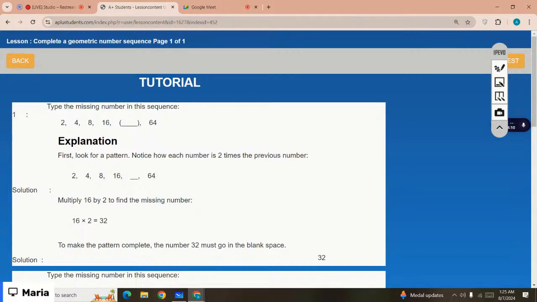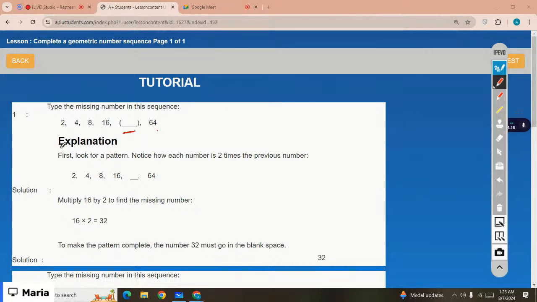Type the missing number in the sequence. So the sequence is 2, 4, 8, 16, the missing number, and 64, right? So you can see here 2 times 2 is 4, 4 times 2 is 8, 8 times 2 is 16, and 16 times 2. So here you are multiplying by 2. So you have to multiply 16 times 2, and 16 times 2 is 32.